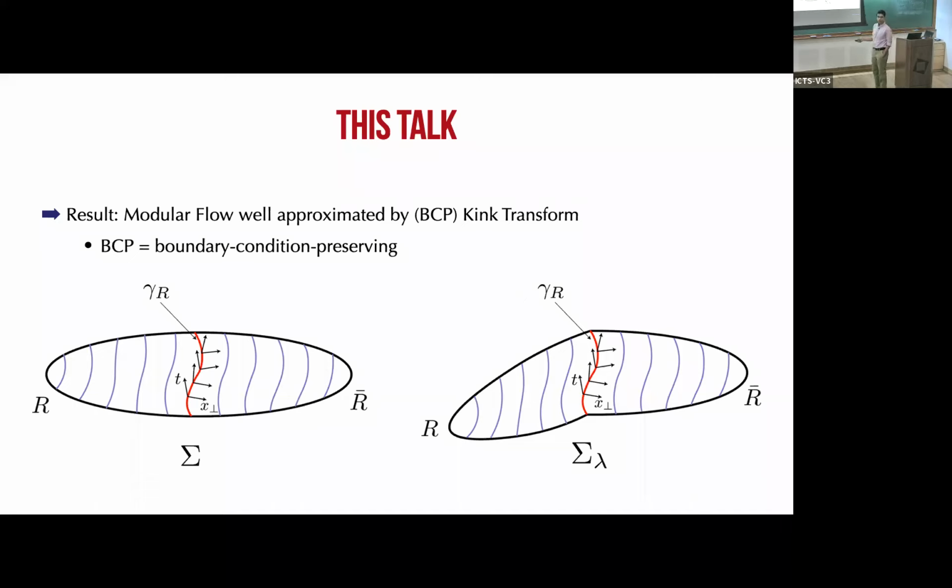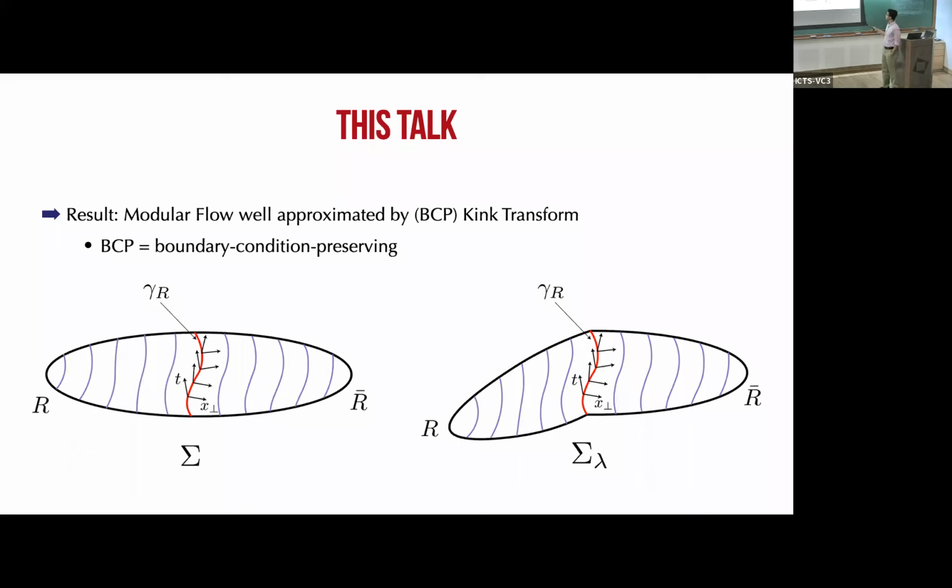The kink transform is defined on the bulk side in the following way. Let's say I give you a Cauchy slice which passes through the extremal surface. So the boundaries are R and R bar, and this Cauchy slice includes gamma R. That's what I'm calling capital sigma.